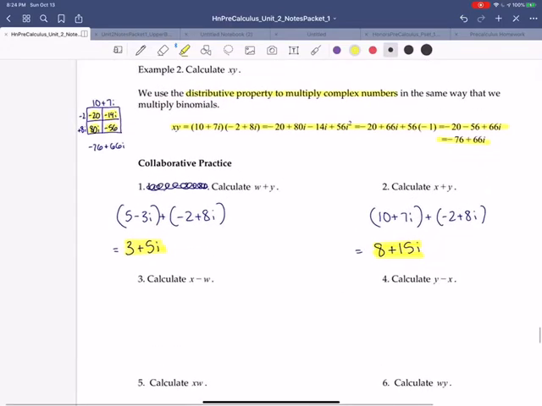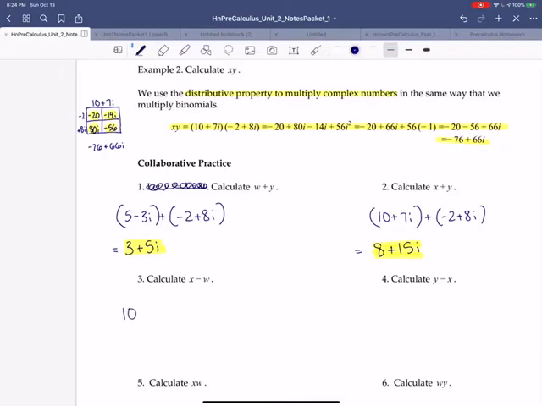Next, we calculate x minus w. So remember, we're subtracting both the real and imaginary parts from 10 plus 7i. So this is going to be 10 plus 7i minus the quantity 5 minus 3i.